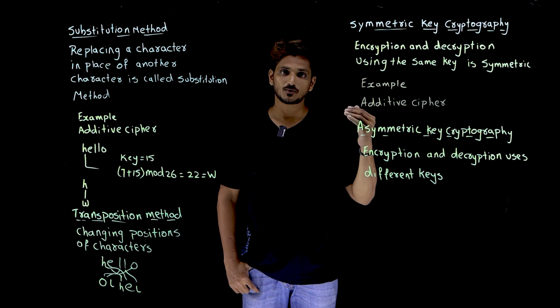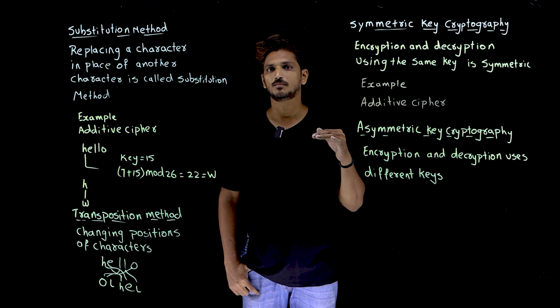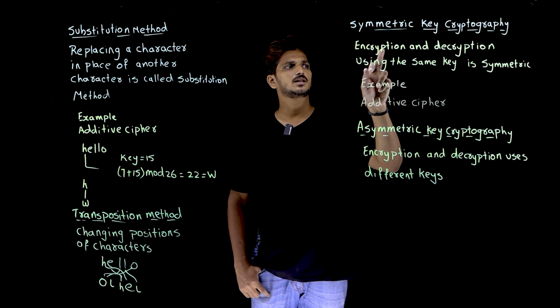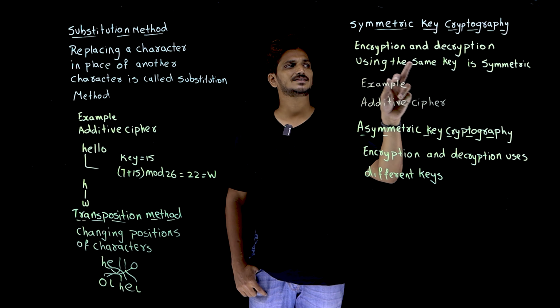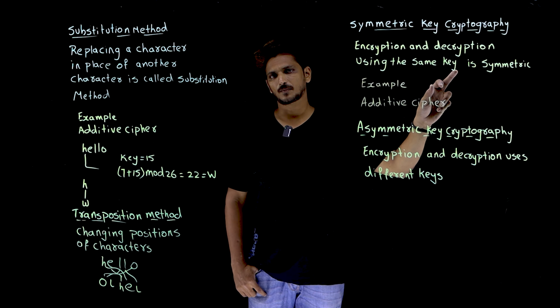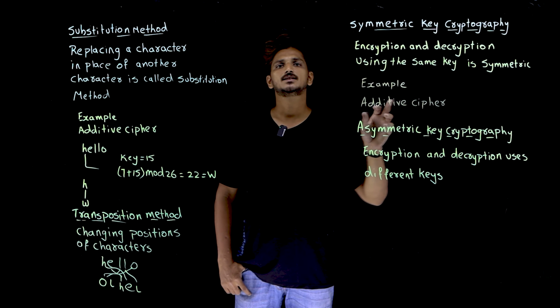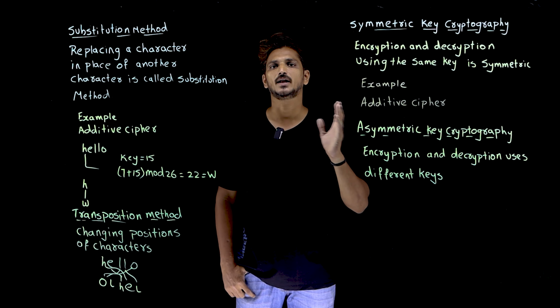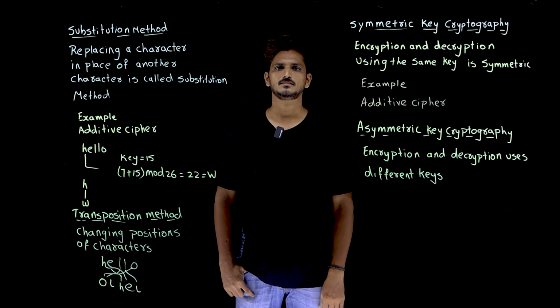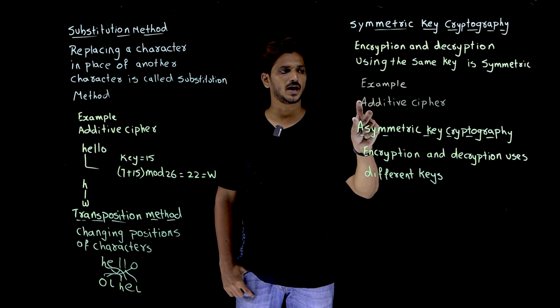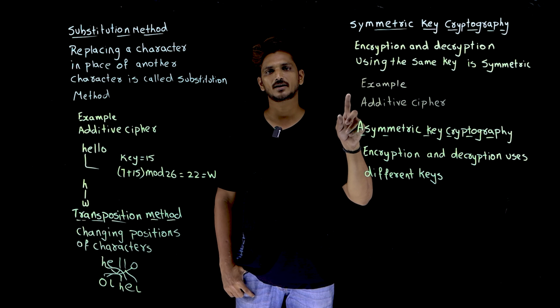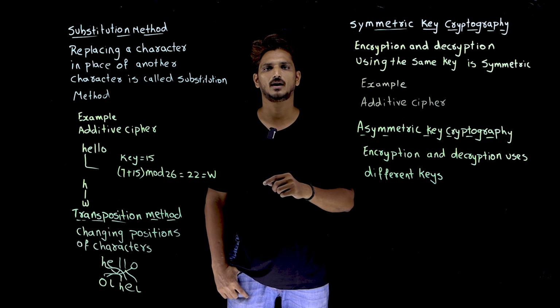During the decryption, we used key equal to 15. Whenever encryption and decryption use the same key value, we say it is a symmetric key cryptography technique. So the additive cipher, for example, comes under symmetric key cryptography technique.